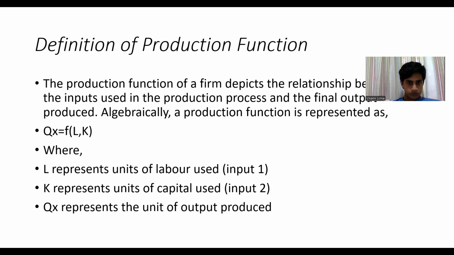Qx can be the units of cotton produced. F is a function of labor and the capital used to produce. So L and K are the inputs, and the function of the inputs is equal to the output produced.